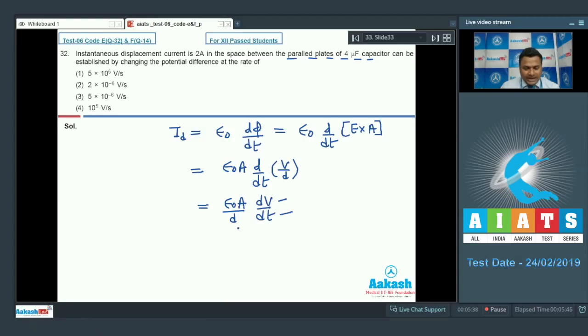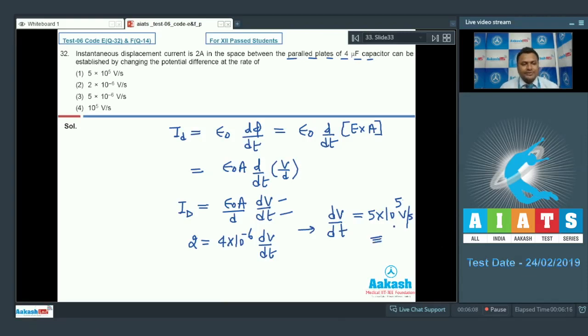Epsilon naught A upon D is the capacitance of the capacitor and I_D is the displacement current. Putting the values, we get 2 equals C, that is 4 into 10 to the power minus 6, into dV by dt, and after solving we get dV by dt as 5 into 10 to the power 5 volt per second, the time rate of potential difference. We will go with option number 1.